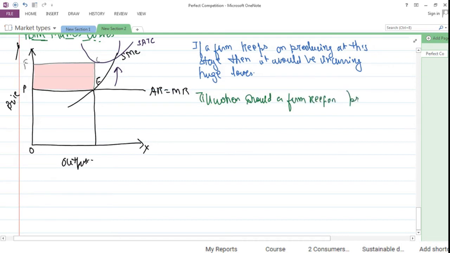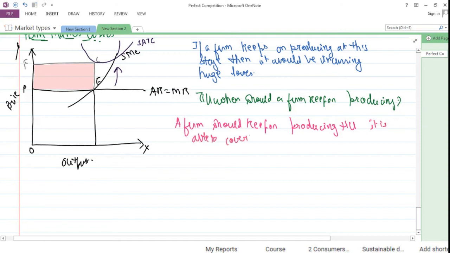The answer is, a firm should keep on producing till it is able to cover its full variable cost and some portion of its fixed cost.